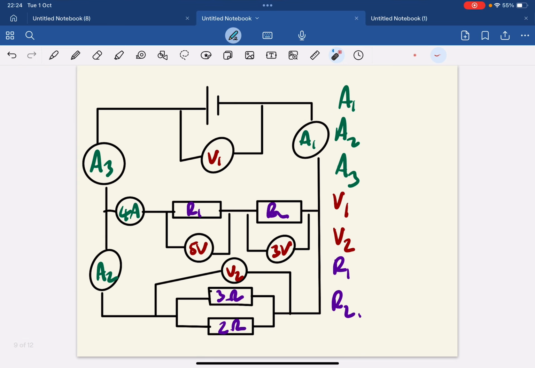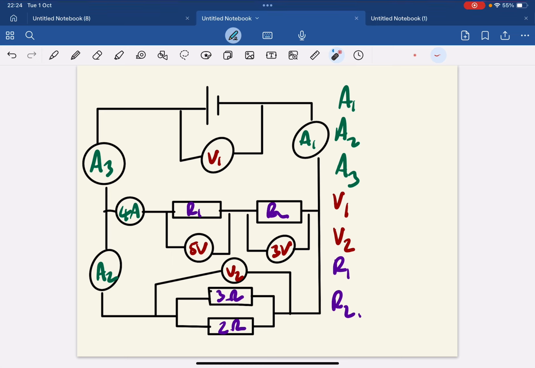Now, in our final circuit we're going to look at, again, pause the video, take a little look and see what you can work out first about what we know. So, we know it's a parallel circuit, and in each loop, the total potential difference must equal the total potential difference here.